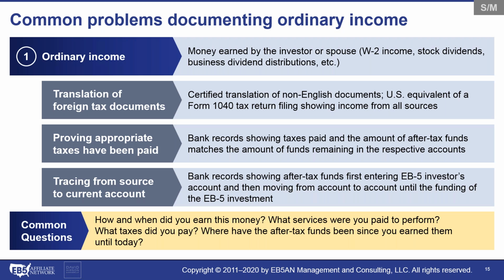We'll quickly cover this now, and Evelyn will go into more detail later. But ordinary income, what does that usually mean? It's basically just W-2 income if you're in the United States, dividends, business-related sources. If you have documents that are not in English, you're going to have those translated.